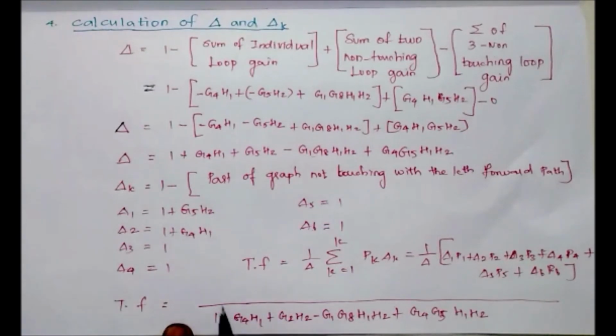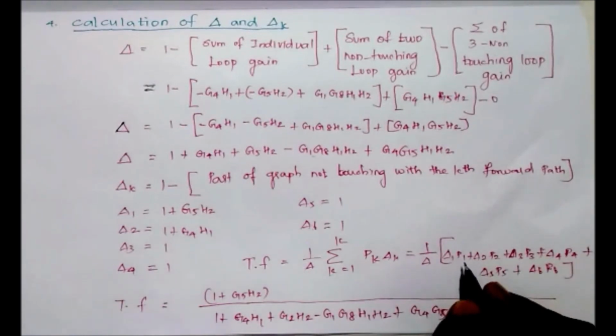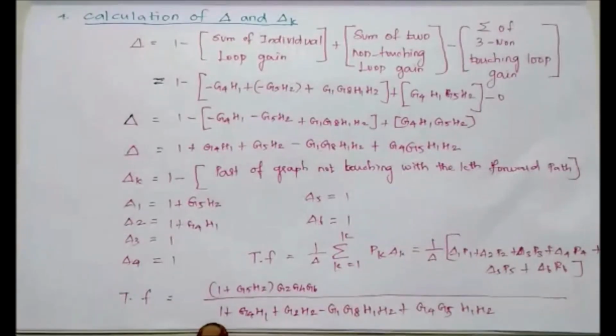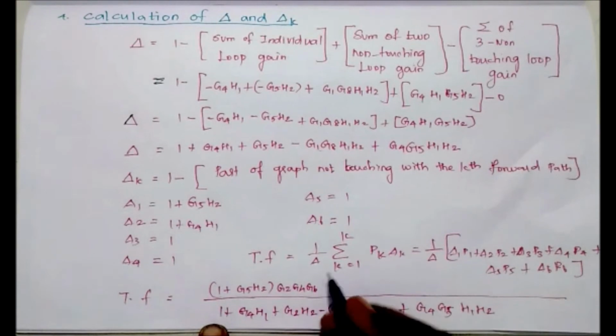Next we have to form the numerator part. What is the del 1 value? This is the del 1 value: 1 plus G5 H2, into the P1 value, which is G2 G4 G6.